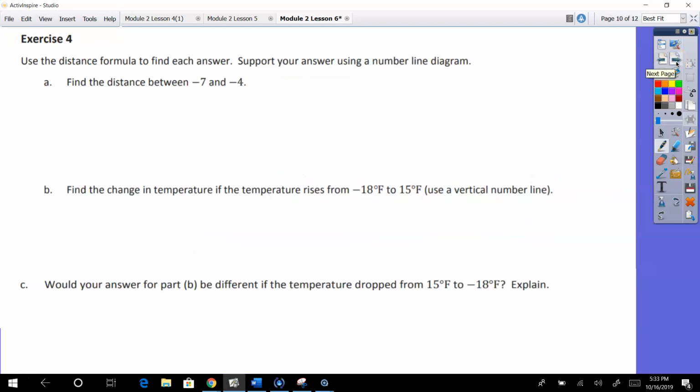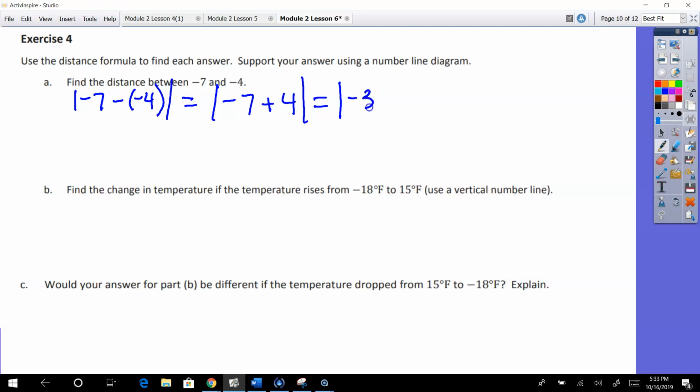Exercise 4, use the distance formula to find each answer. Support your answer using a number line. Okay, so we have the absolute value of negative 7 minus negative 4. So the absolute value of negative 7 plus 4 equals, we're subtracting, and negative 7 has the greater absolute value.